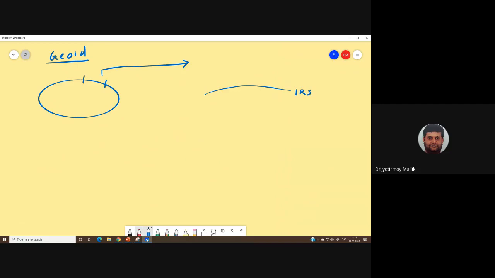And then if we actually look at the topography, where there is a mountain, where there is an ocean, maybe the topography looks something like this. Okay? So this is the topography.